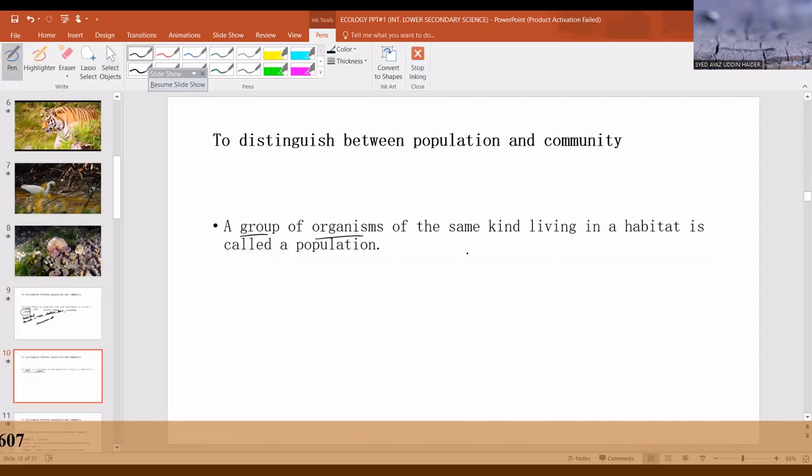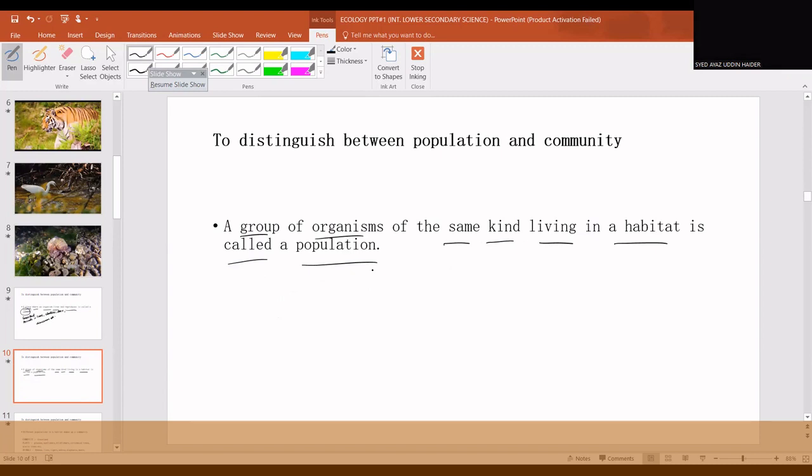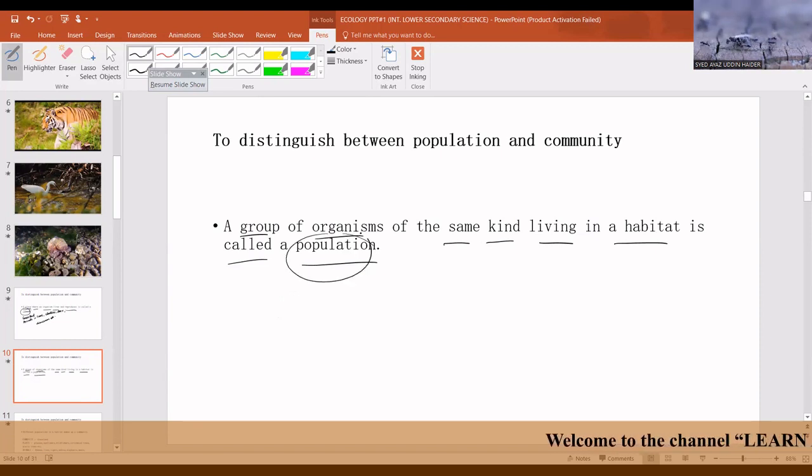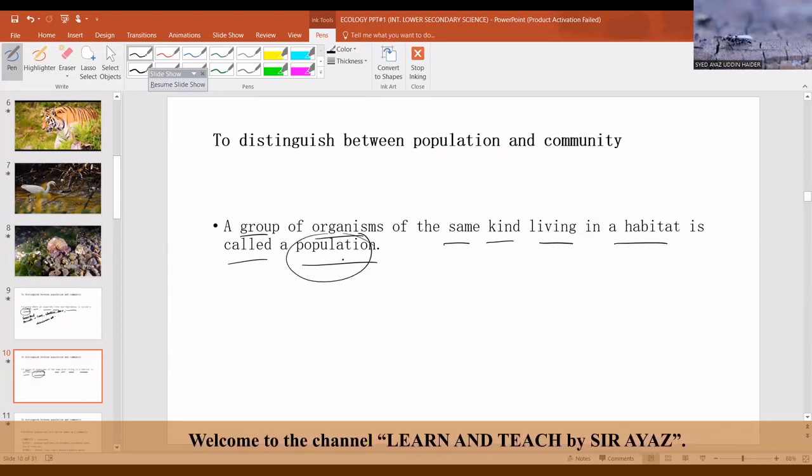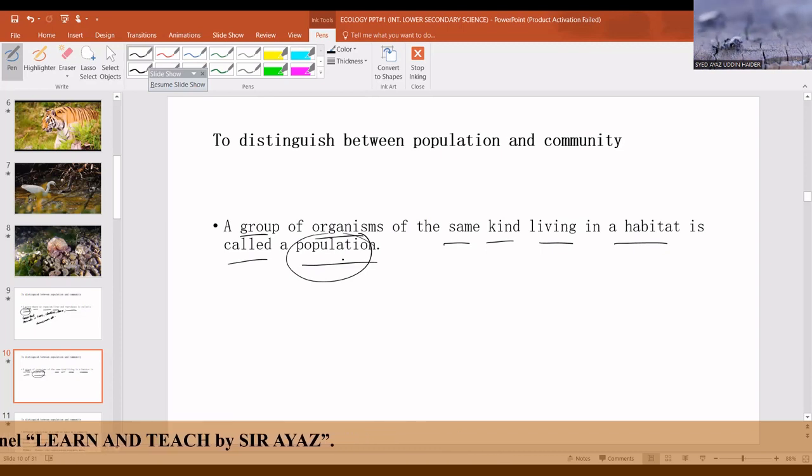A group of organisms of the same kind living in a habitat is called a population. When a group of the same kind of living organisms lives in a habitat, we call it the population of that organism. For example, we have a pride of lions living in grassland.